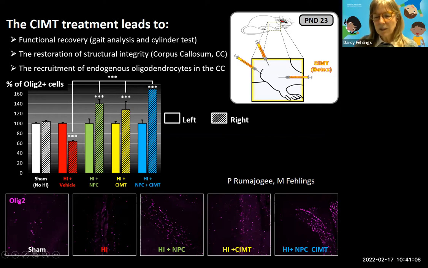There's a lot going on in this particular slide, but I just want you to focus on the yellow bar here. This is the group of rodents that didn't receive the constraint. And this is the group that did receive the constraint. And we see higher counts of endogenous oligodendrocytes in the rodent model that received the constraint therapy.